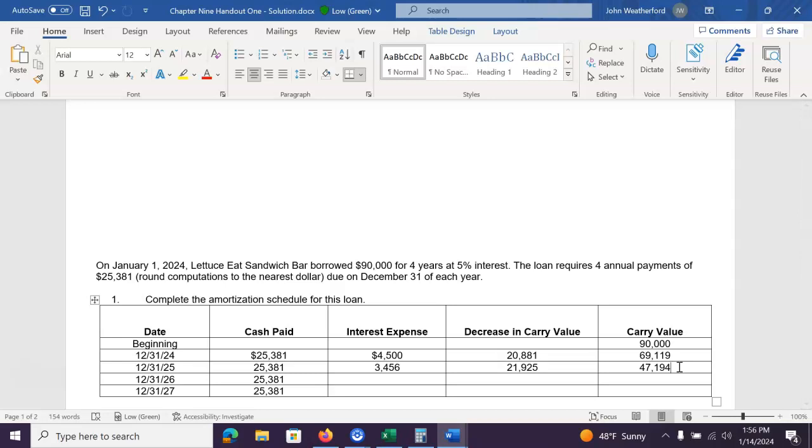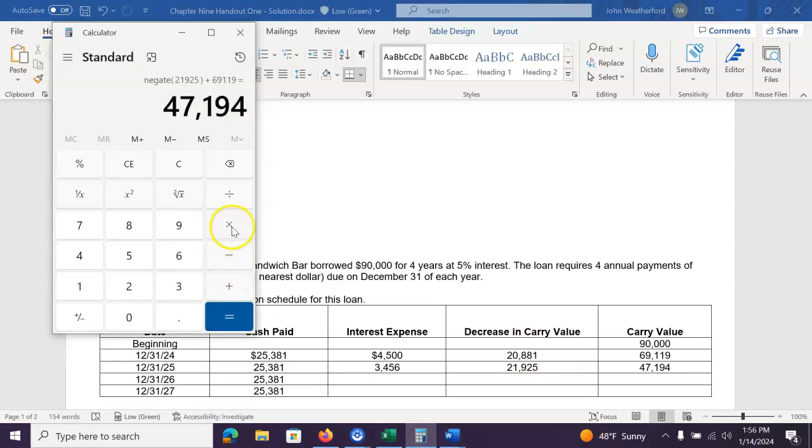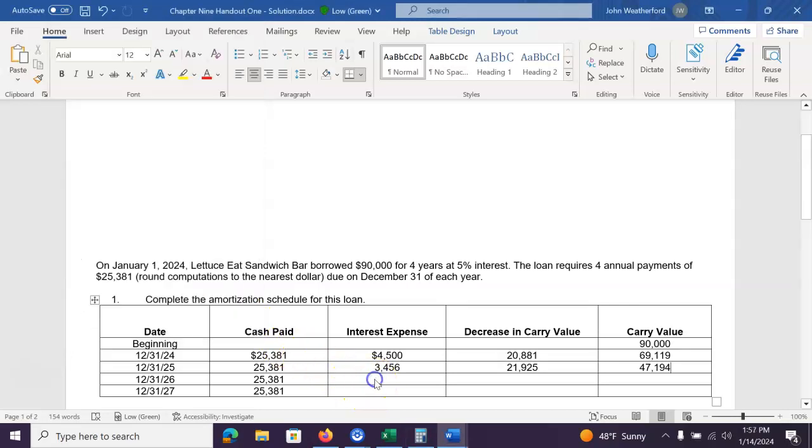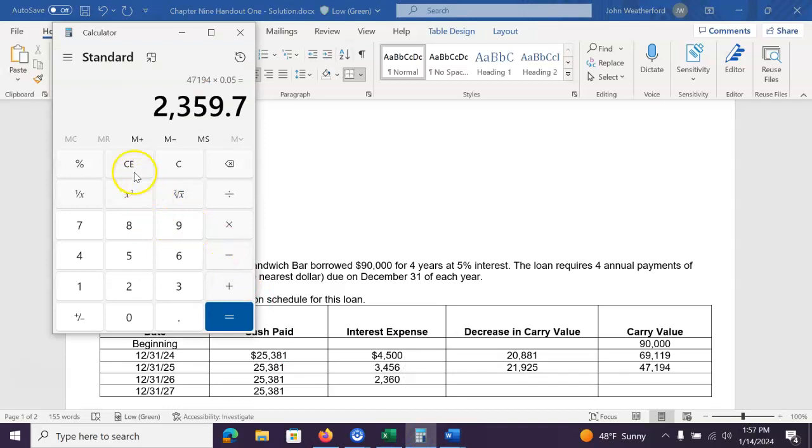Okay, so let's keep going here. 47,194 times 0.05 gives us 23.59. We'll round that to 23.60 for the interest portion. All right, now that needs to be subtracted from our payment amount to get the decrease in the loan balance.